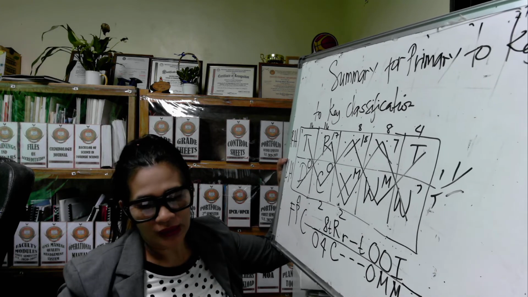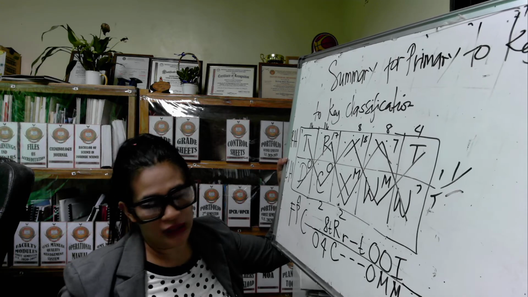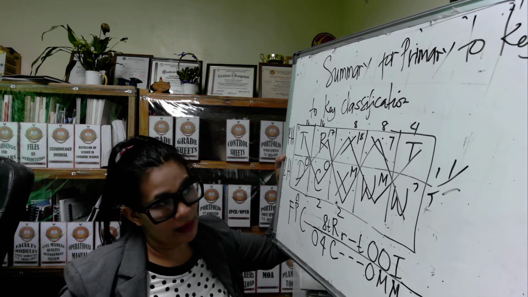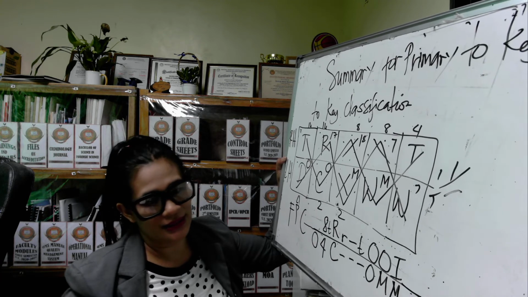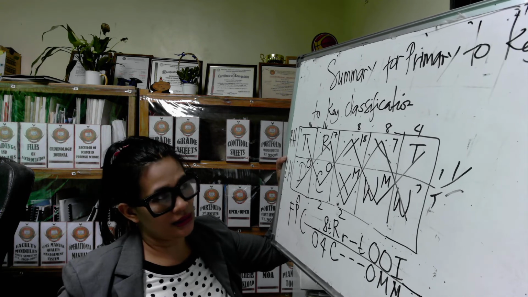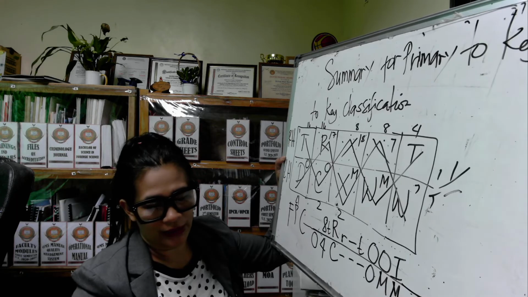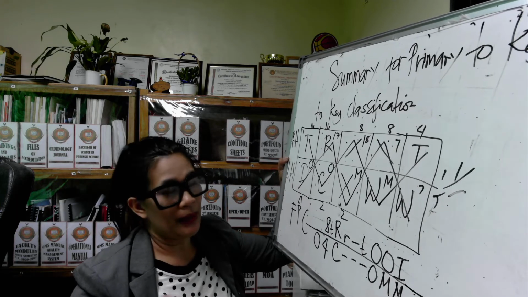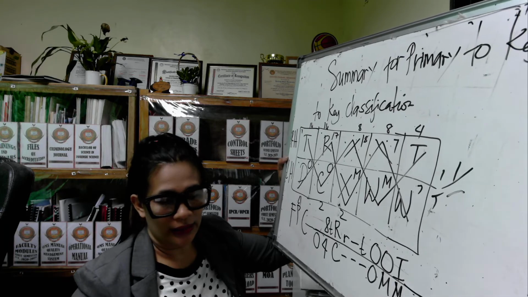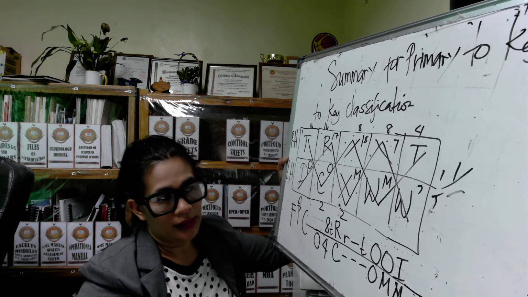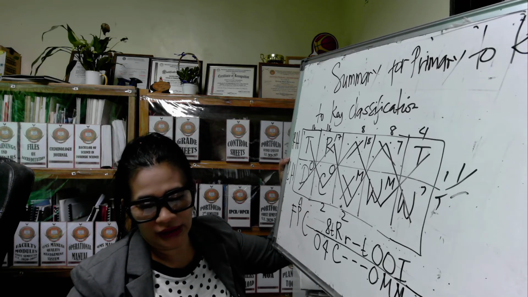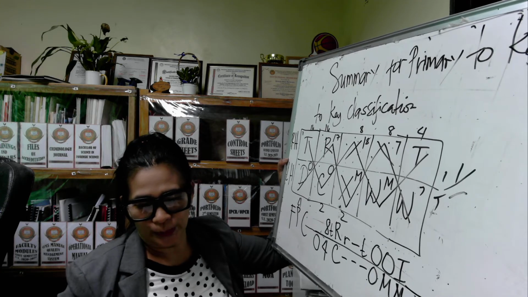Okay. So under the final classification, wag na kayong magtaka kung bakit may number yung 7, kasi nga that is the exemption. Since that is the final classification, we need a number para magkakaroon tayo ng final classification. That's why exemption ang ating final classification in the ridge counting of loop.